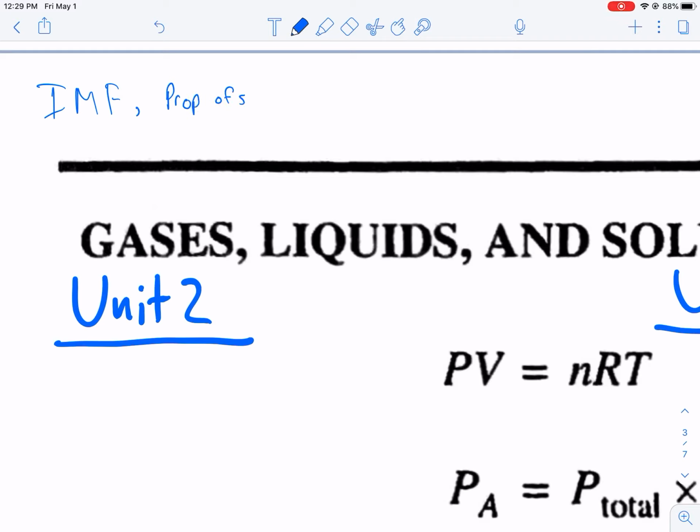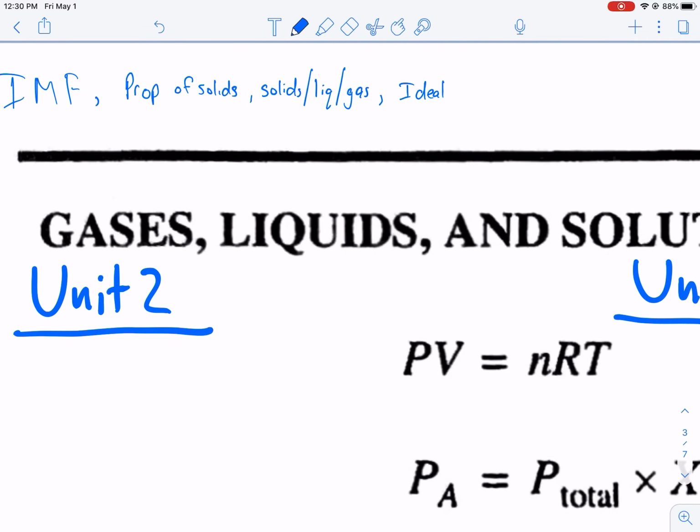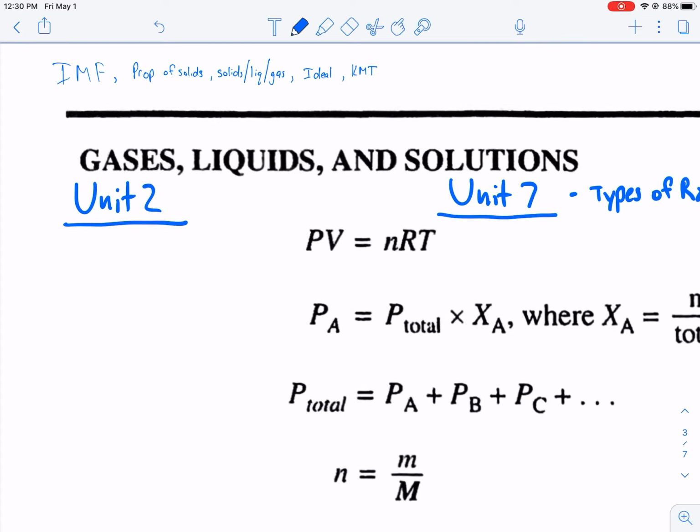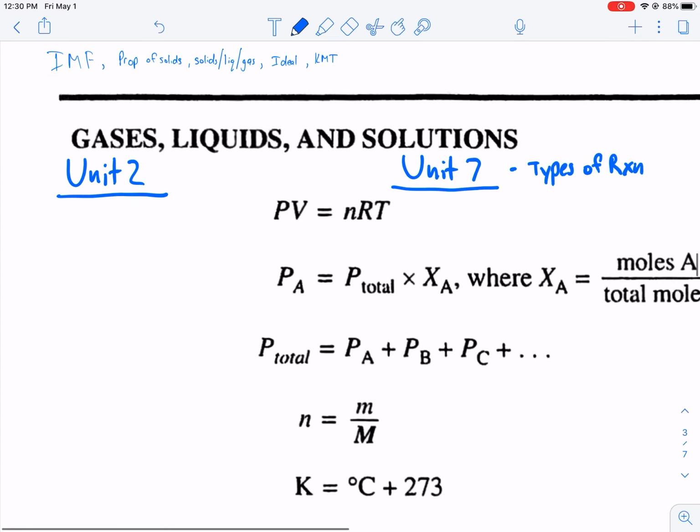Properties of solids, liquids, gases, ideal gases, and all the math that goes with ideal gases, the kinetic molecular theory, and then, of course, all of these wonderful equations that we see here.